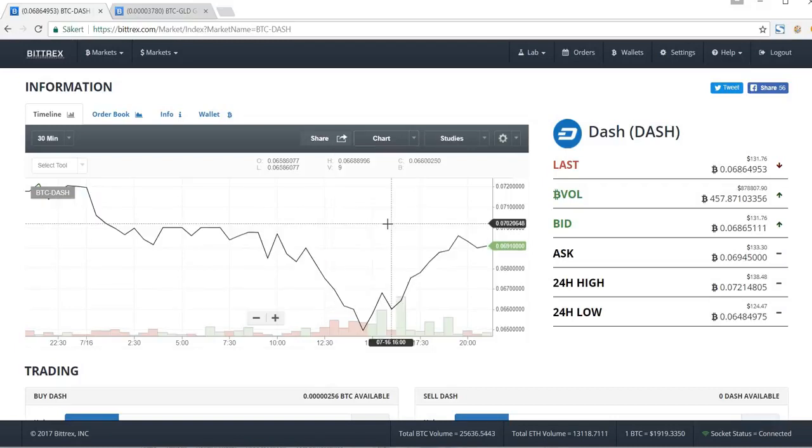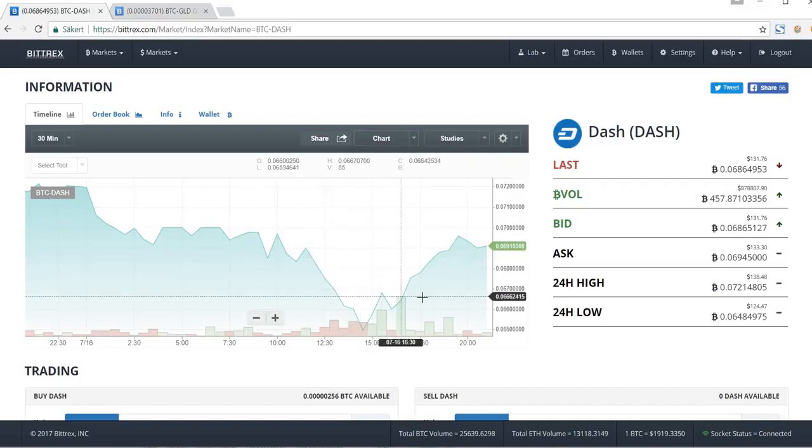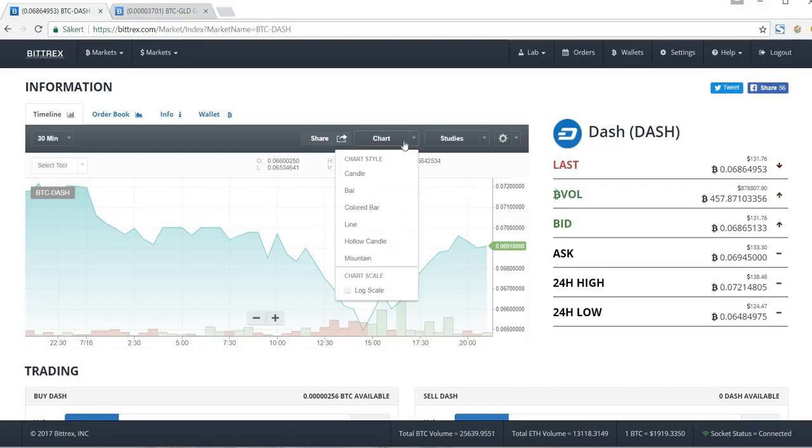Line looks like this, and mountain looks more or less the same, but it's a little bit more visual, I think. So this is the mountain. But let's go back to candlesticks.